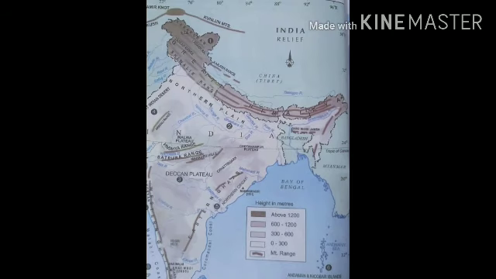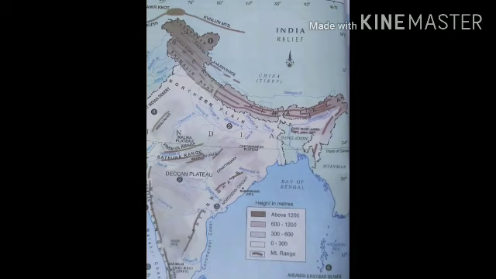We can divide Himalaya from north to south and from east to west also. First, we will study by dividing Himalaya from north to south. So, the northernmost range is known as Himadri or Great Himalaya or Inner Himalaya.